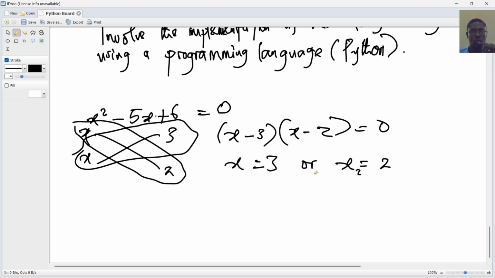So this can be x2 and this is x1. So x squared minus 5x plus 6 equals 0 gives us x1 is 3, or x1 can be 2, depending on how you arrange it. X2 can be 3. So these are the solutions. Basically it's just 2 and 3 that is the solution.